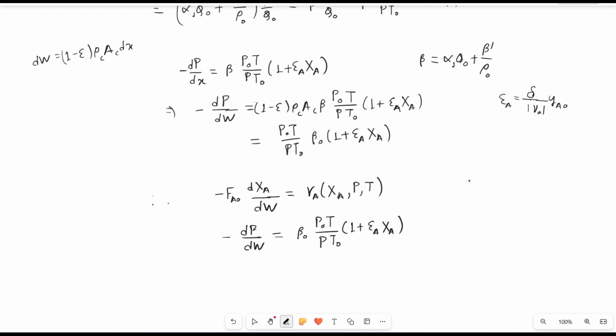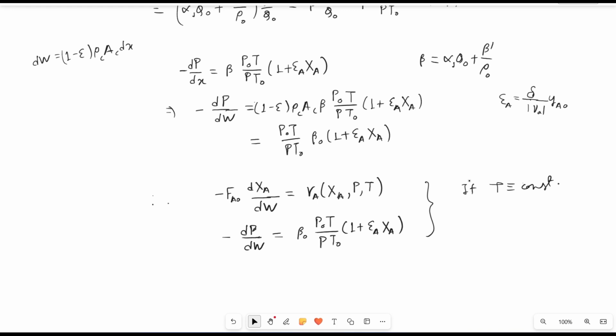Now, is this entire packed bed reactor in isothermal condition? That means temperature is constant. If T is constant, then solving these two coupled differential equations simultaneously will give all the required variables, like variation of pressure, variation of conversion.